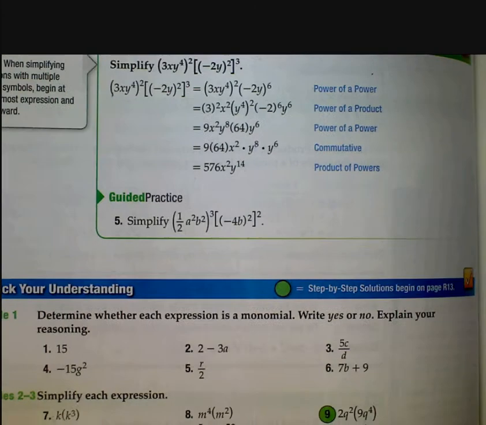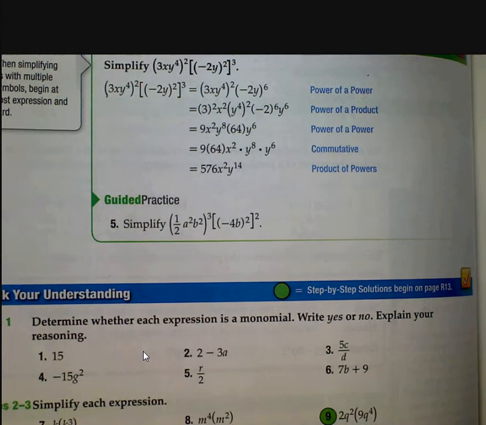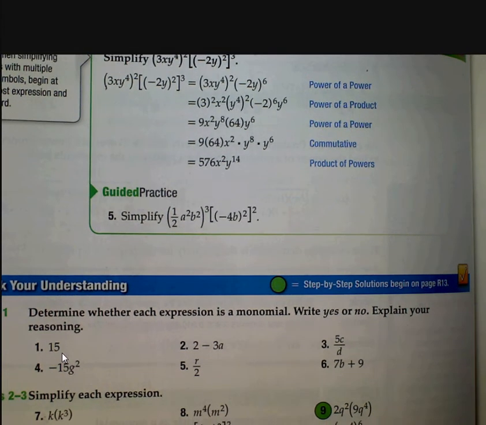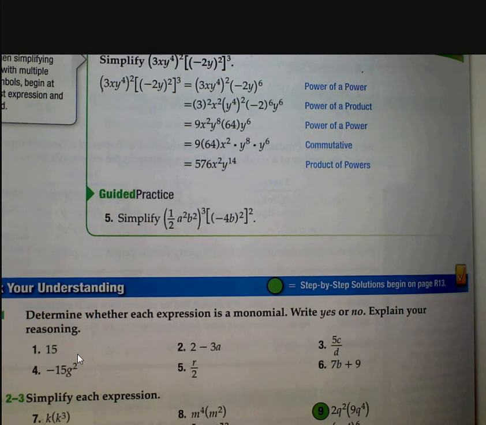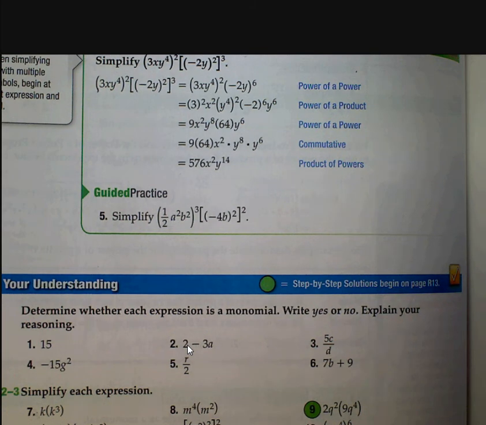Okay? So on number 1 it says determine whether each expression is a monomial and explain your reasoning. So number 1 is a type of monomial, but it's a constant because it's just a number. Number 2 is no because it's 2 terms.